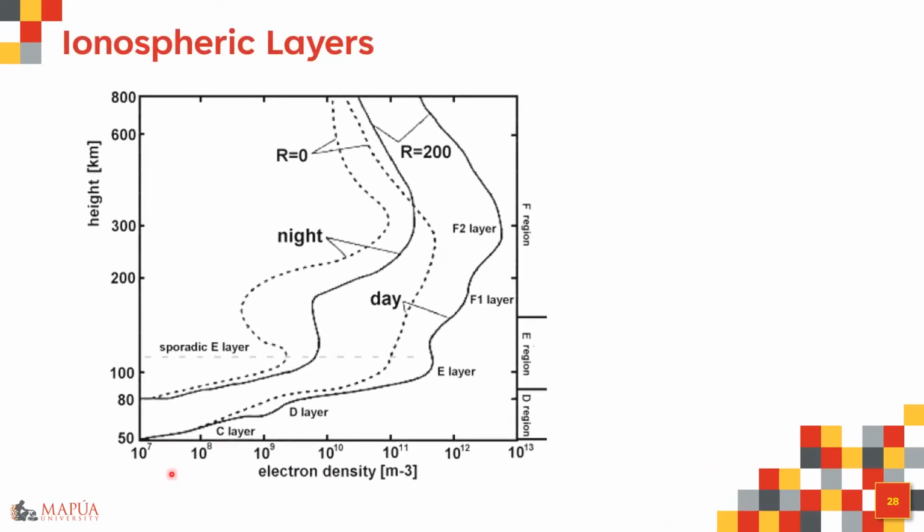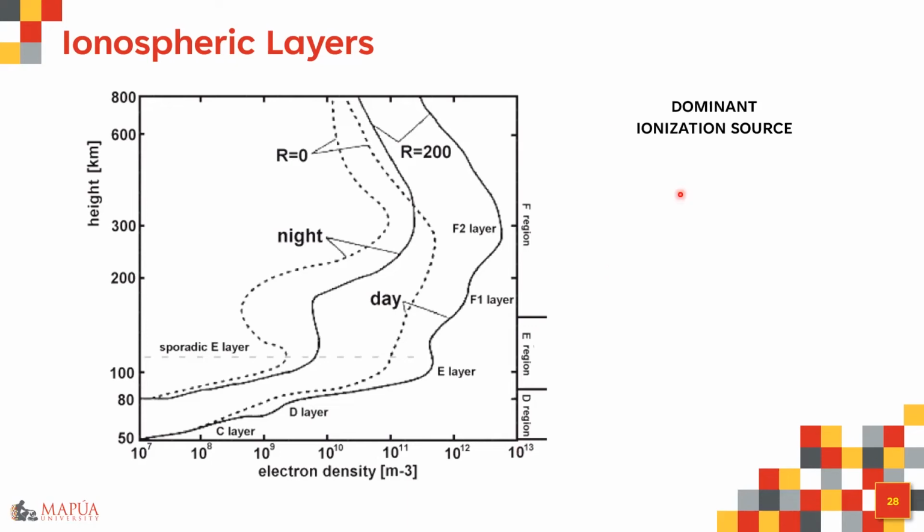This is your electron density, which is directly proportional to your ionization rates. This is height. Again, as I mentioned earlier, this scale is logarithmic. Now, the different layers of the ionosphere are due to different dominant sources of ionization.